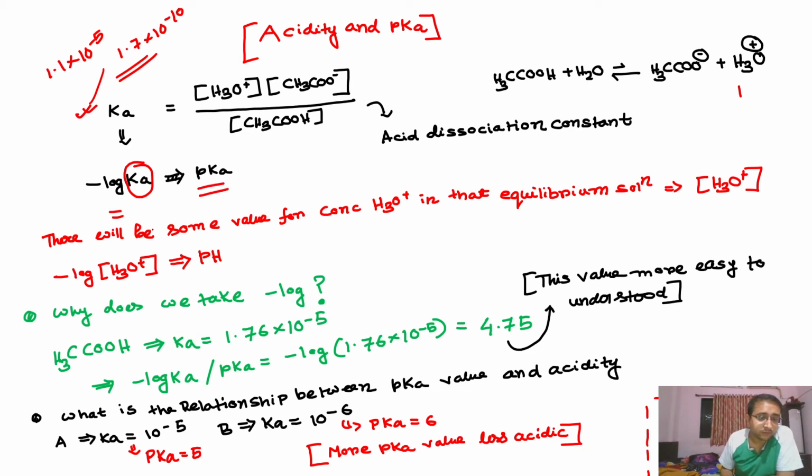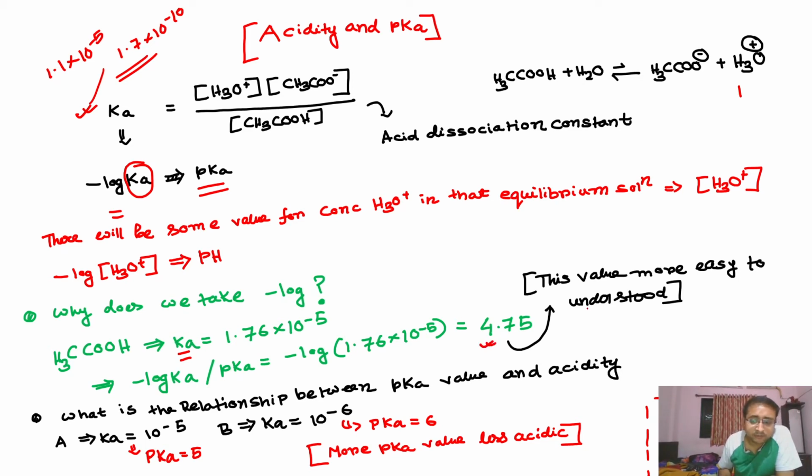You can see that for acetic acid the Ka value is equal to 1.76 × 10⁻⁵. If you want to determine the pKa value, you simply take the minus logarithm of this acid dissociation constant, that will be equal to minus log of 1.76 × 10⁻⁵, that is equal to 4.75.